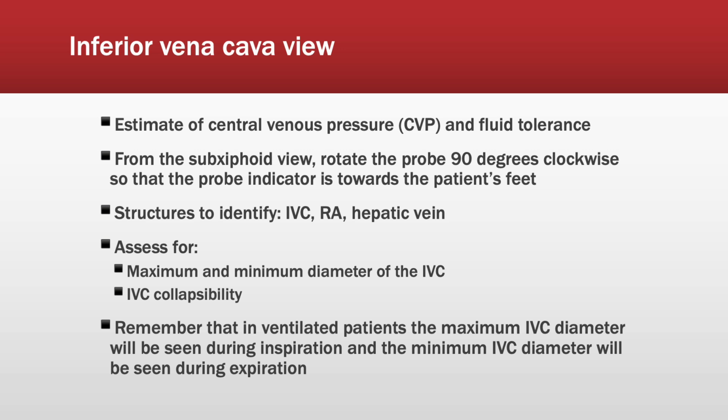I also wanted to point out the difference in physiology in terms of the inferior vena cava diameter in spontaneously breathing versus ventilated patients. So in spontaneously breathing patients, recall that during inspiration, the abdominal pressure increases while the intrathoracic pressure becomes more negative, which leads to a lower right atrial pressure.